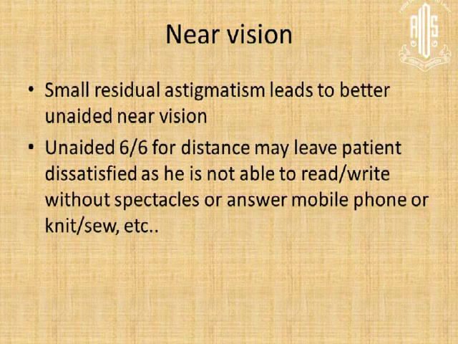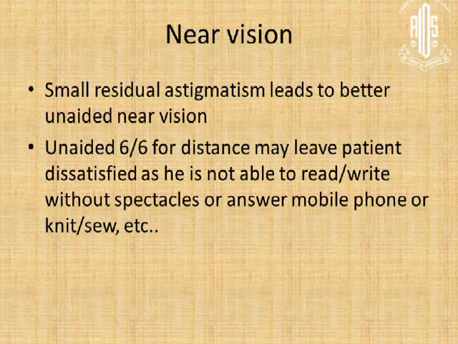And recently we have done a large meta-analysis comparing phaco with small incision, and here we have found that if we have a small residual astigmatism, it actually leads to better unaided near vision. We are so, what shall we say, focused onto distant vision. Having 6/6 unaided, we forget that patients need vision for reading and writing without spectacles.